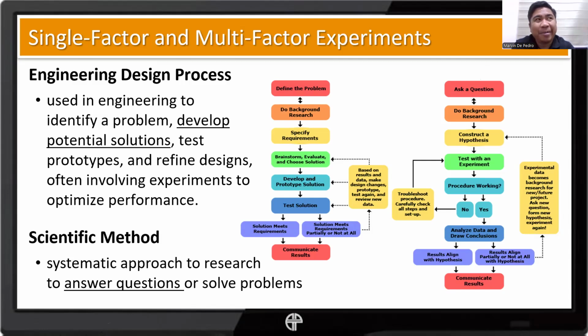Why are there people getting sick at work, or why do some students fail to achieve the minimum passing score? We are asking questions, and we need to find answers to those questions. We can do that using the scientific method.